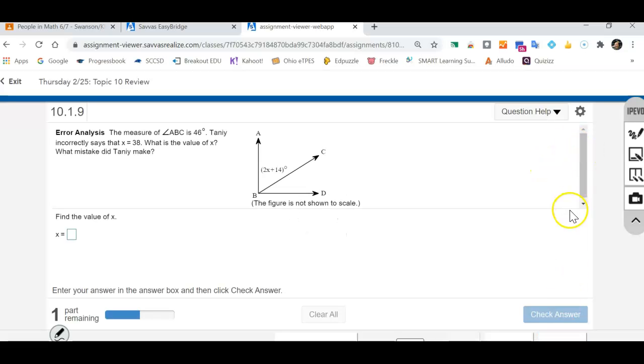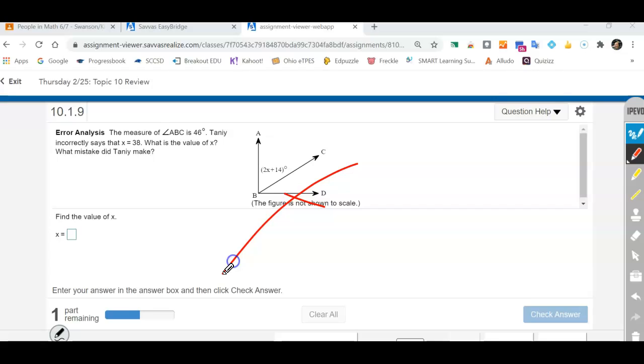All right, now, we had some like this, got some people because they give you more information than what you need to know. I don't even care about that line right there. That's there to try and throw us off. It says angle ABC is 46 degrees.